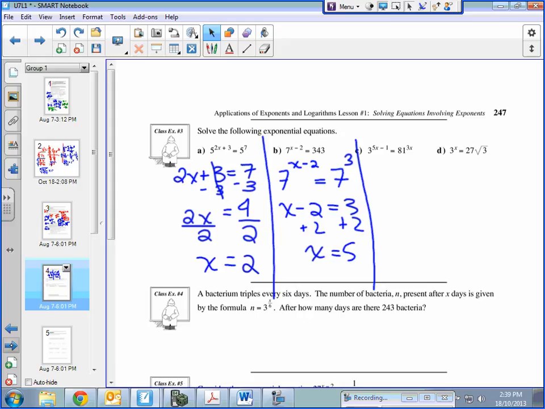It is 3 exponent 4. 3 times 3 is 9, times 3 is 27, times 3 is 81. So then I go 3 times 3 to the 4, and then outside those brackets is 3x. I'll write that down separately.